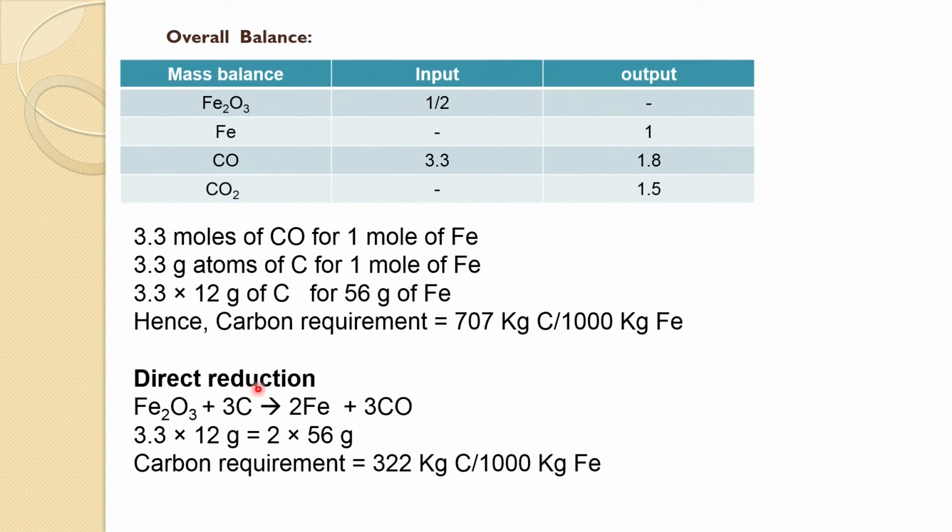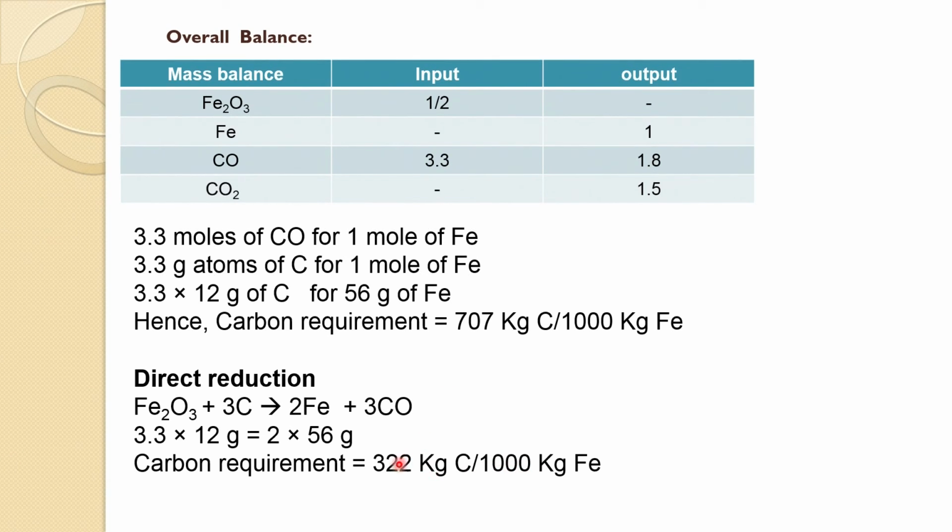Now, if we go to direct reduction, as we talked about this equation, you can directly calculate how much is the coke requirement for 1 ton of iron. So, you get about 322 kg of carbon for 1 ton of iron.